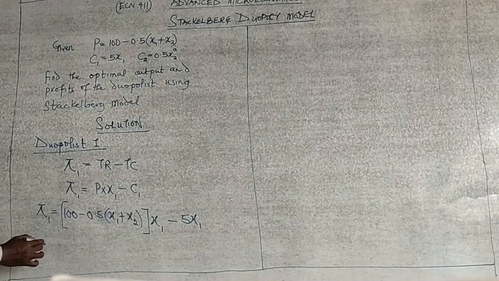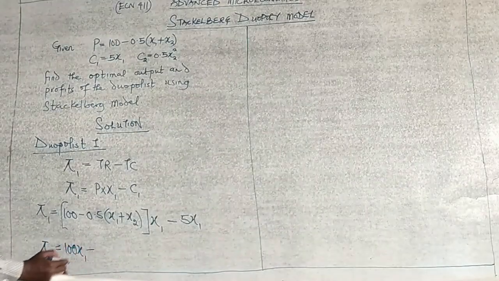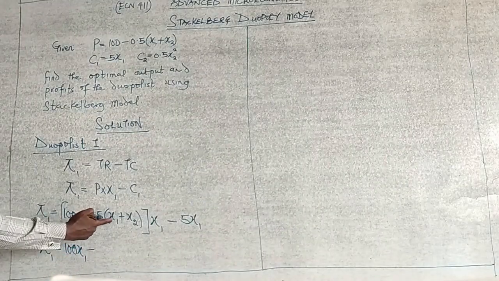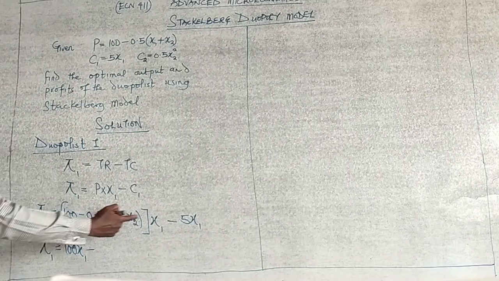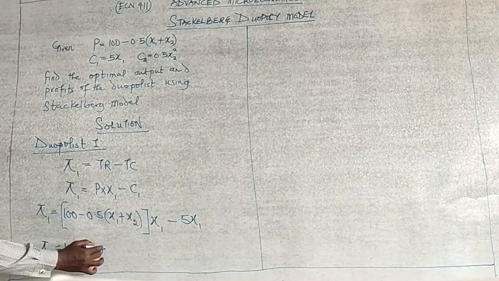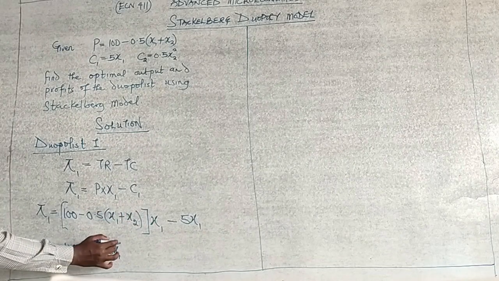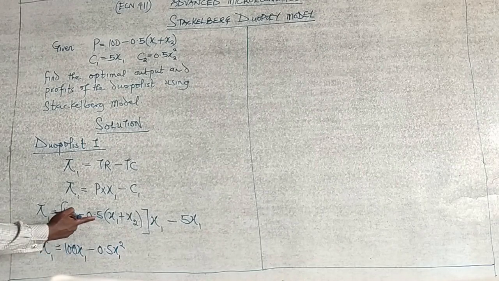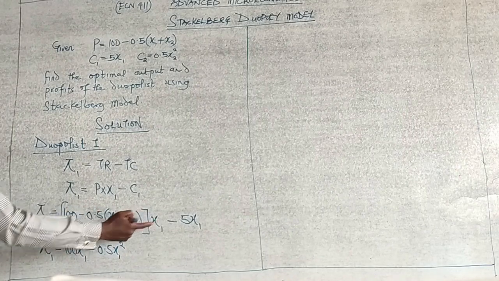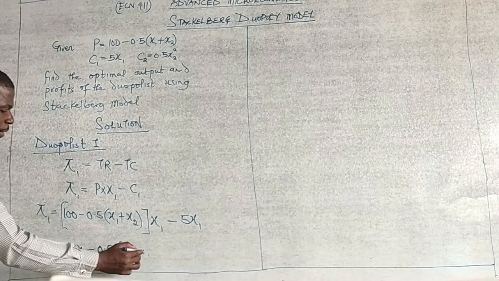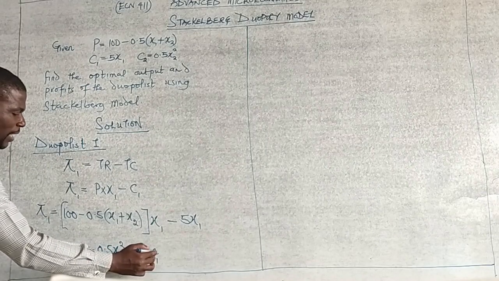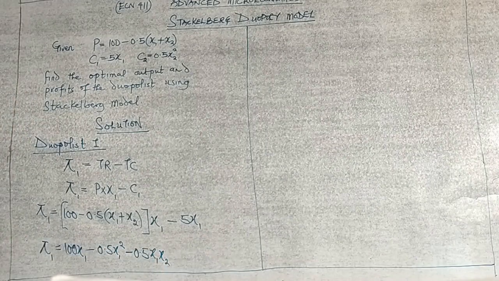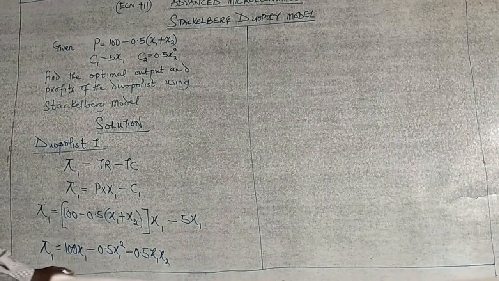What do you have? Profit 1 will be 100 times x1, 100x1, minus 0.5 x1 times x1, what will it be? Minus 0.5 x1 squared. Do you agree? Then minus 0.5 times x2 times x1, minus 0.5 x1x2.